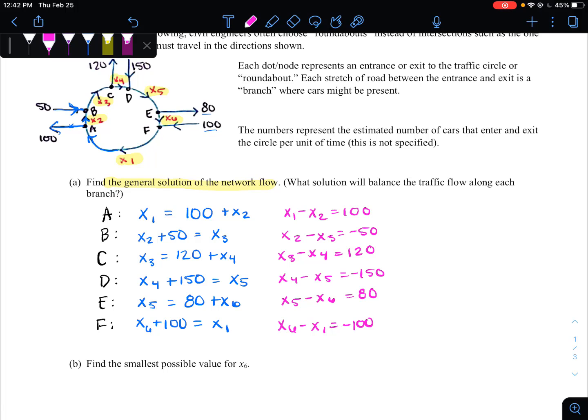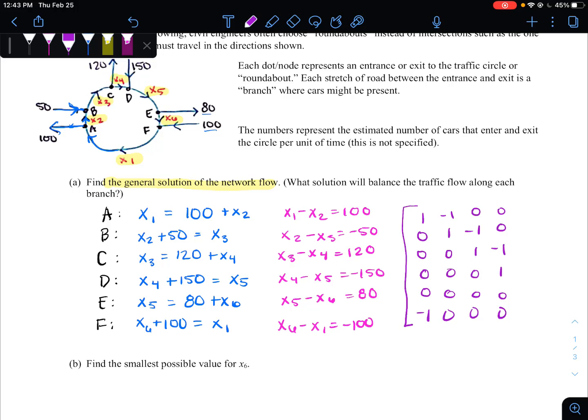Okay, so we can make a matrix out of this. Each column of the matrix is going to represent one of these variables. So column 1 is going to be x1. In the first equation that's 1, then 0, 0, 0, 0, negative 1. Second column is x2: negative 1, 1, 0, 0, 0, 0. Then x3: 0, negative 1, 1, 0, 0, 0. x4, you can see how this is going.